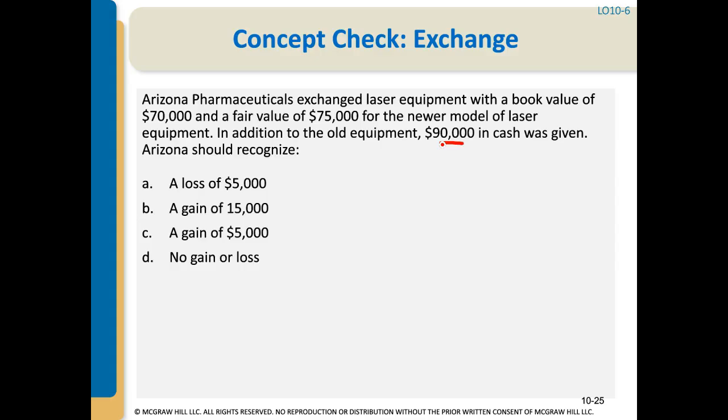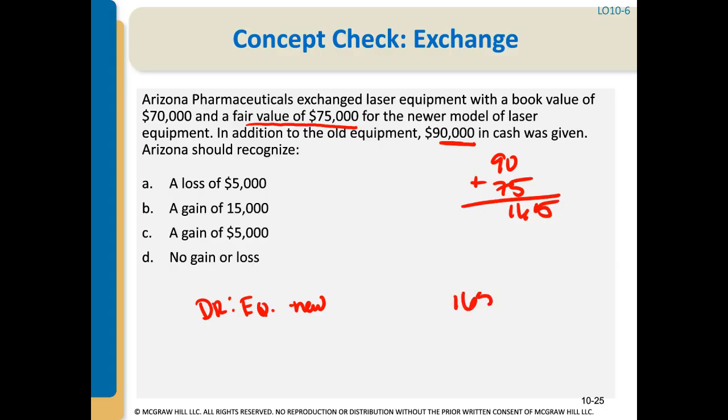Well, step one is recognize the new equipment. We're going to debit the new equipment at the fair value of the assets that were given up. And we're told the fair value of the assets that were given up was $75,000 plus $90,000 cash, right? So that's $165,000. So we're going to debit the new equipment $165,000.